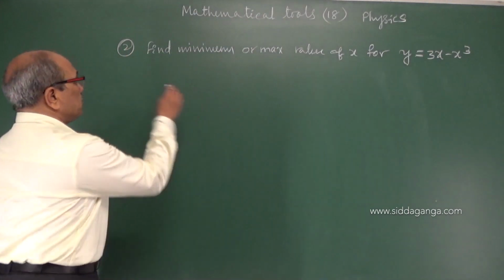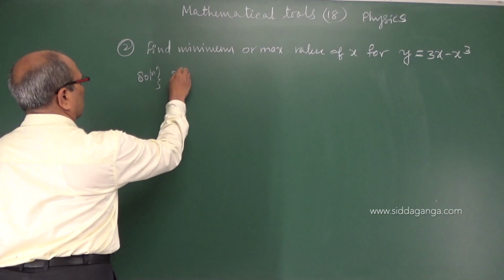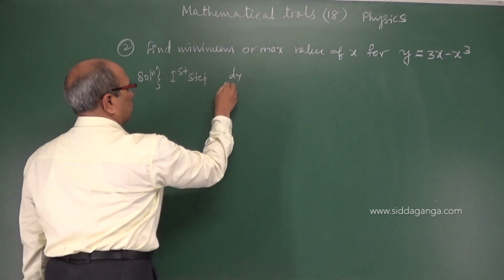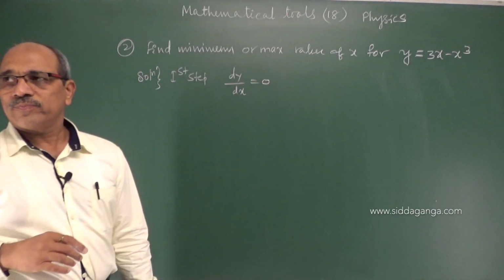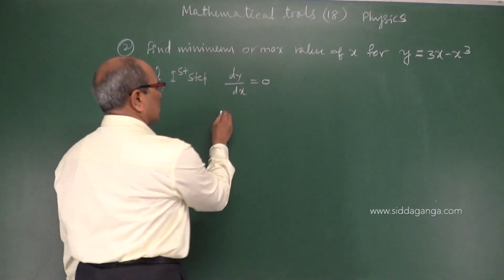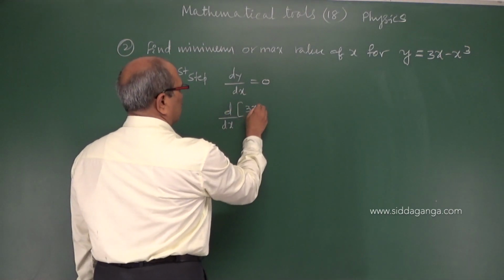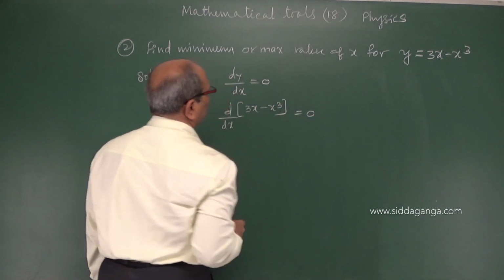What is the first step in the solution? Find dy by dx and set it to 0. That means d by dx of 3x minus x cube equal to 0.